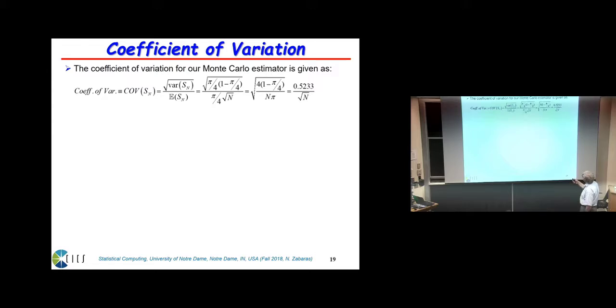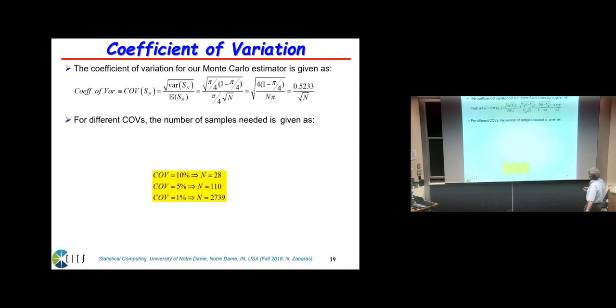You remember the variance of the estimator is the actual variance divided by n, and the mean is pi over 4. So the coefficient of variation, exactly for our estimation here, is 0.5233 divided by square root of n.